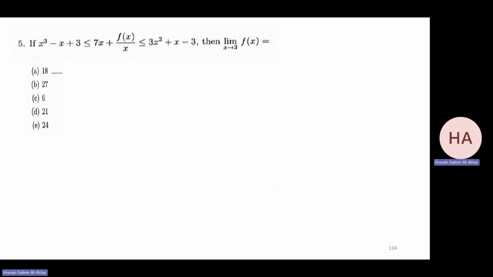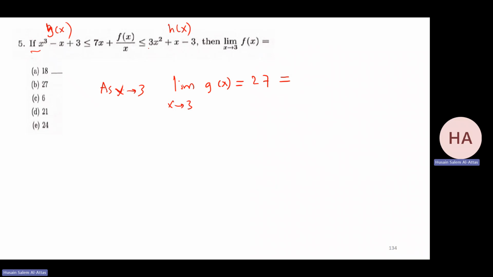This is using the squeeze theorem. You notice as x goes to 3, call this g of x, and this is h of x. The limit as x goes to 3 of g of x will be equal to 27 minus 3 plus 3, which is 27.